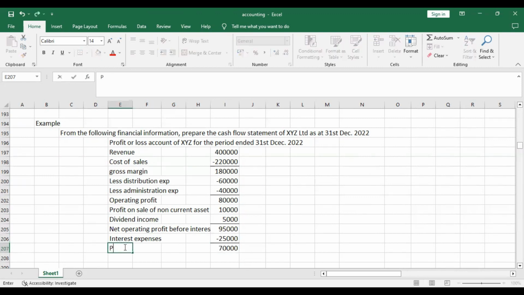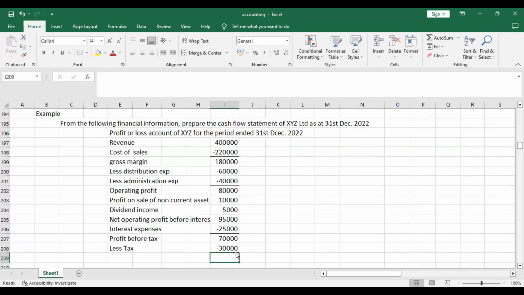Then less tax. Suppose tax has been given as 30,000, minus 30,000. Then net profit for the year. How much is it? 40,000. Very good. Are you clear?